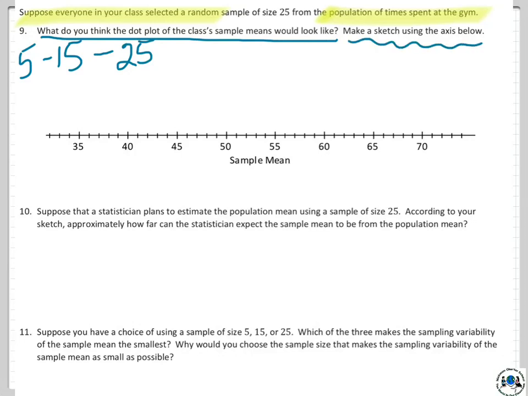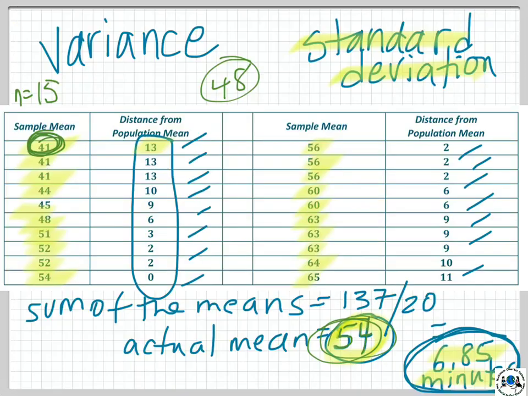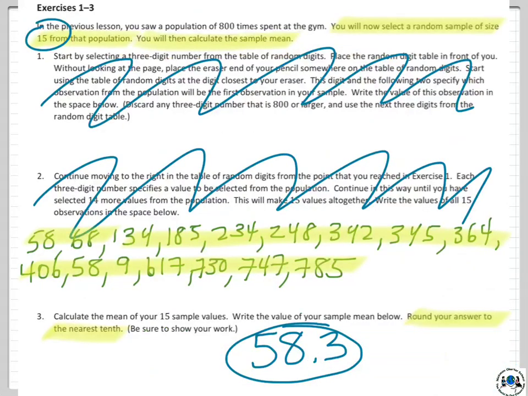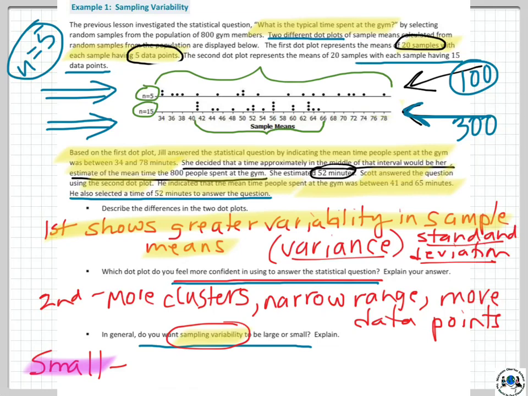And hopefully on that sketch, we can compare here. Let's look at these again. If we look at these two, if we have an n equal to 25, or sample size equal to 25, what we will probably see in the dot plot is a greater cluster in the middle.